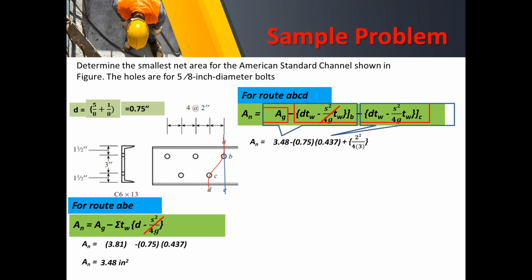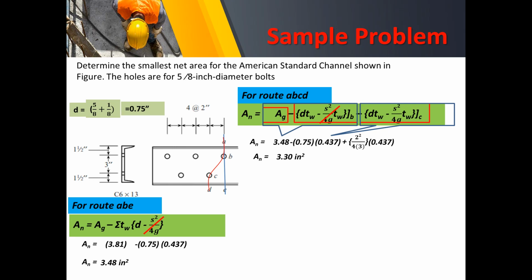So this time, this is bolt C, and bolt C comes from bolt B. There will be a diagonal configuration, which means there will be an S value, or the spacing will be 2 inches, and the gauge length is 3 inches. So again, we multiply that by the thickness.